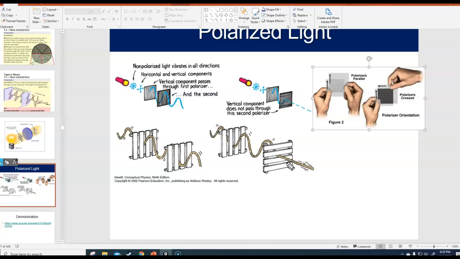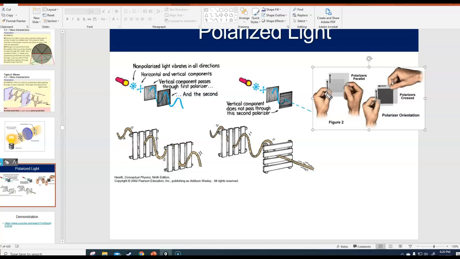And a similar thing happens with polarized light. Here you can see, this is obviously not a real diagram, but you can see a demonstration of this on the next slide. If you take two pieces of Polaroid and turn them 90 degrees to each other, then the film becomes dark because no light is able to get through.